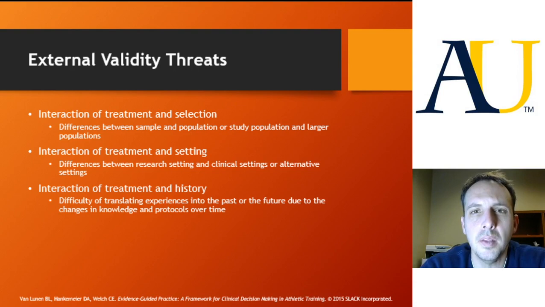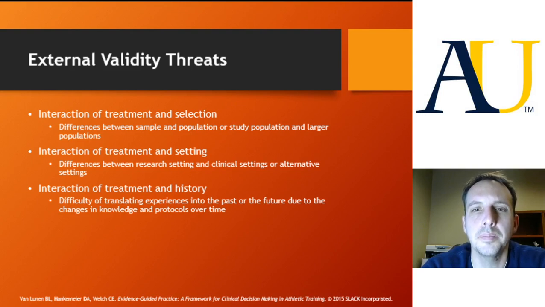And so when trying to make decisions on the applicability of the research that you're consuming and analyzing in that step 3, looking to see whether or not you're going to implement it in step 4, one of the big things you're going to have to figure out is whether or not your patient population and the patient population of the research that you're reading is similar enough on the important measures to allow for appropriate generalization from one group to the next.